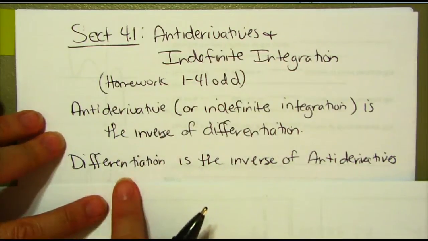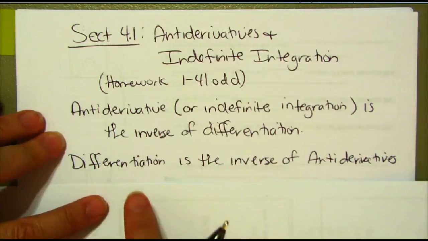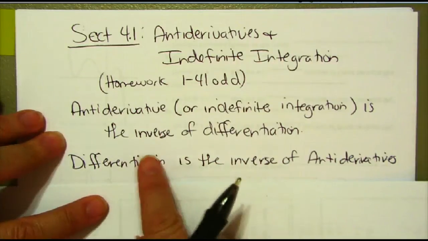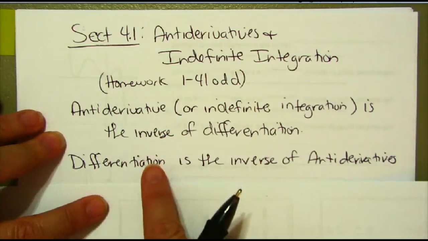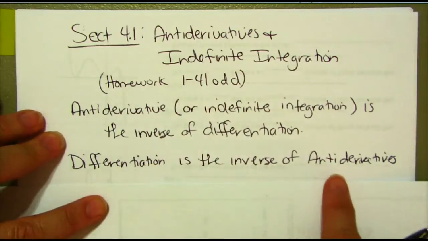So we've been taking derivatives. Now we're going to go back to a possible original equation, and how we're going to go back to the possible original equation is by taking an antiderivative.